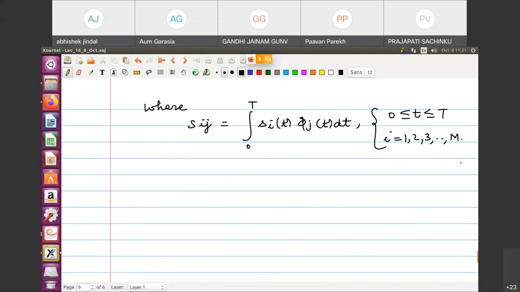Okay, and what are the phi_j(t)'s? The set of phi_j(t)'s is orthonormal.